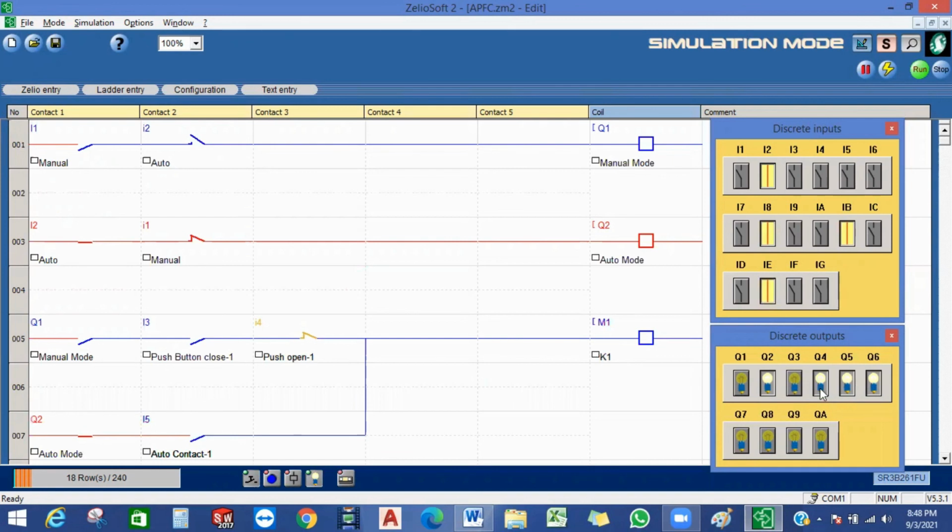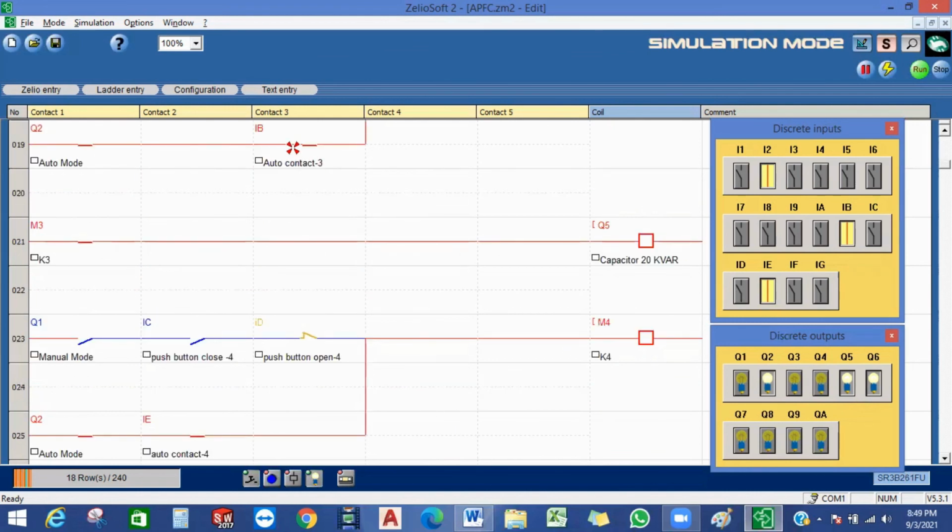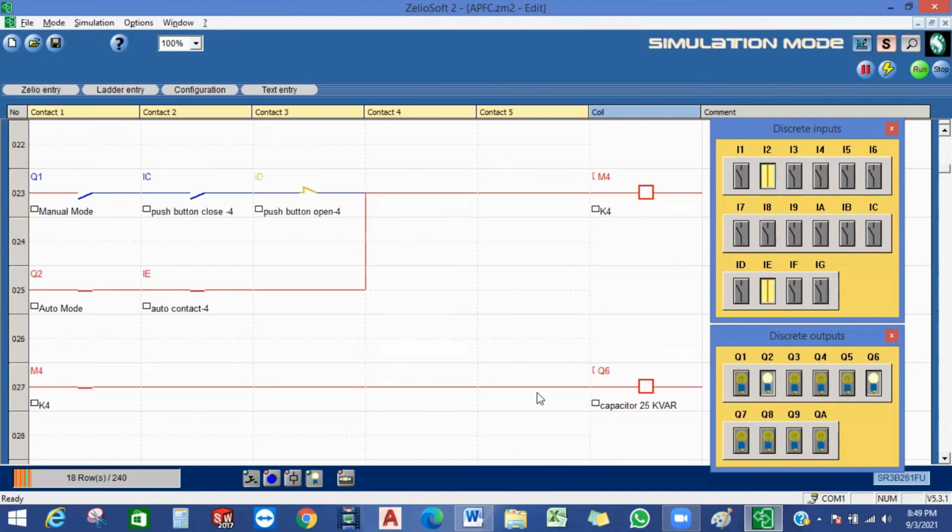Now still some further loads are stopped, so we need to switch off the 15 kVAr capacitor. So the controller will give a command to open this contactor. Still you need more, so by this we can automatically switch off all these contactors. So now all are switched off. This is how the controller works.